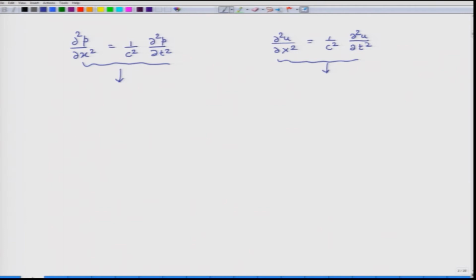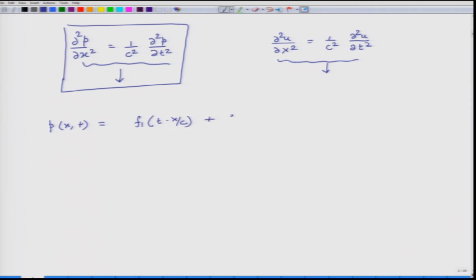Now, in one of the earlier classes, we had said that a very general solution for a pressure wave which satisfies this one dimensional wave equation can be written as p of x, t, and that is some function f1 of t minus x over c plus f2 of t plus x over c. So, this is a general equation.